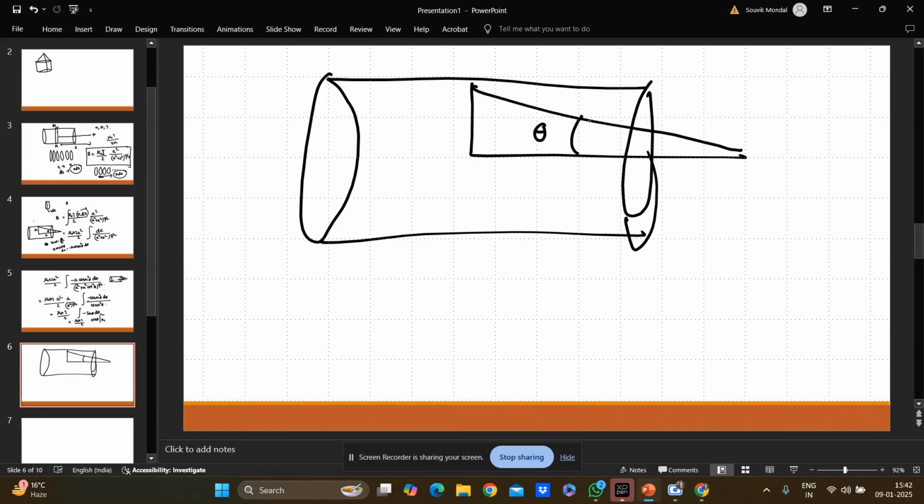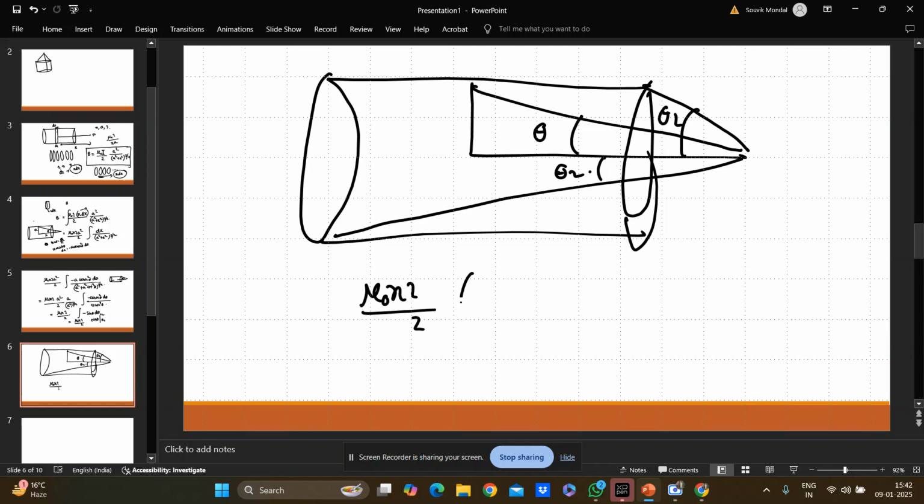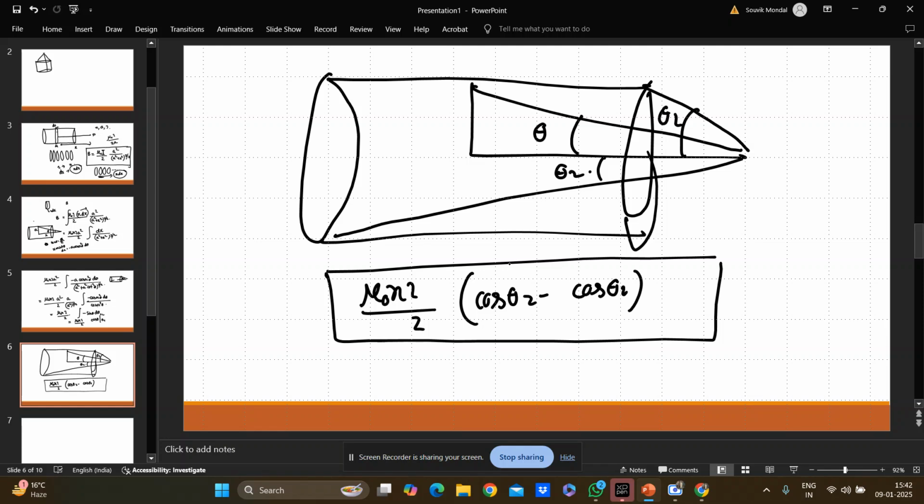Okay, so suppose it starts at theta 1 and it ends at theta 2, then your final answer will be mu naught n I by 2 (cos theta 2 minus cos theta 1).